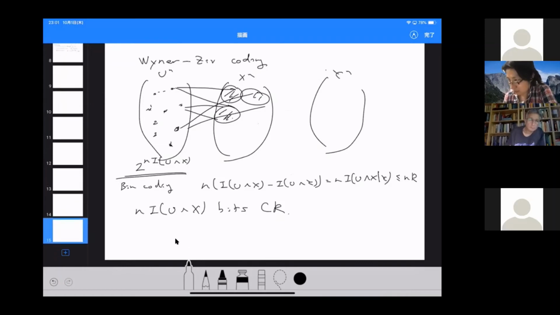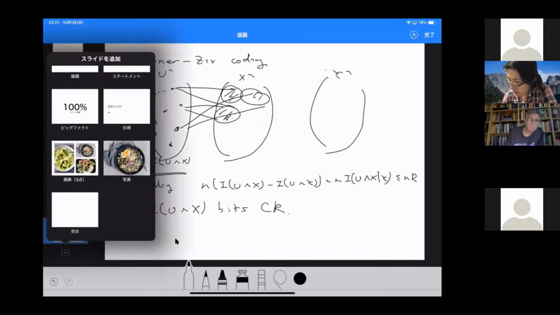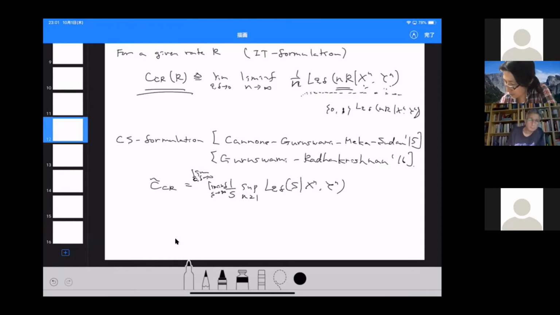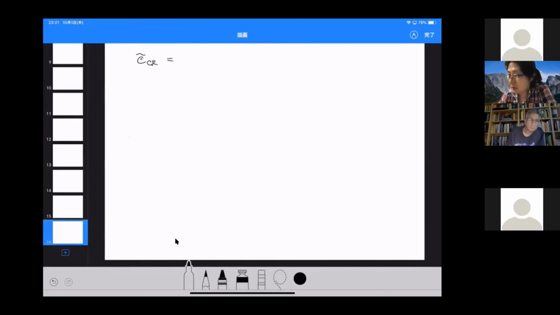And the capacity for the CS formulation. In the CS formulation, we are interested in the growth rate of common randomness with respect to communication cost, and this is characterized as the common randomness capacity divided by R. We take the sup over this ratio, which is the slope of the common randomness capacity at 0.